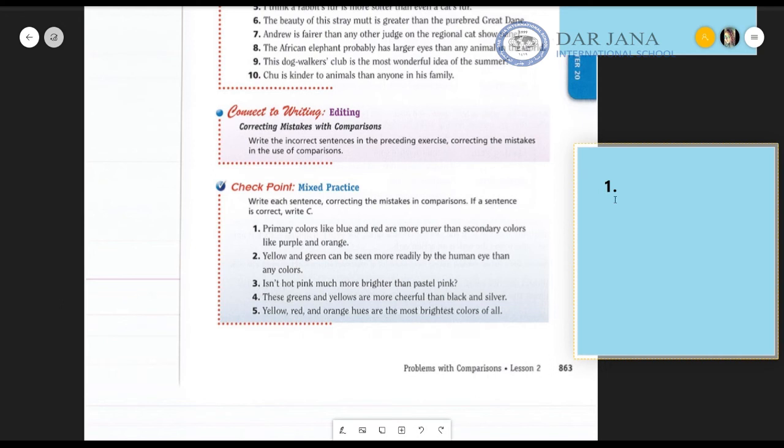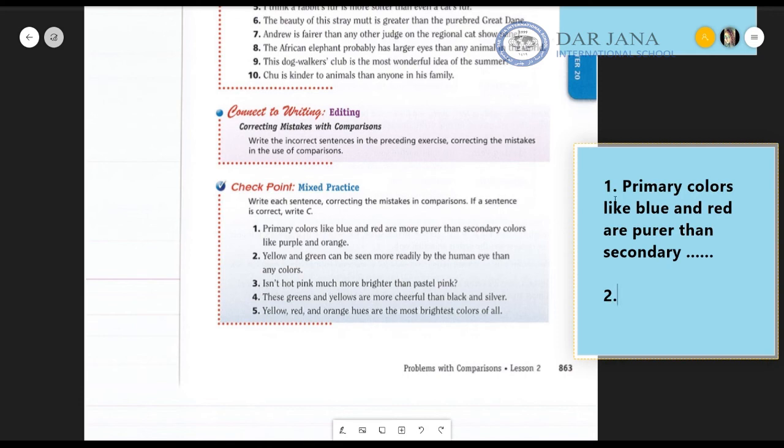Now, purer is already the comparative form of pure, so adding more is wrong. The sentence should be: primary colors like blue and red are purer than secondary colors, till the end.